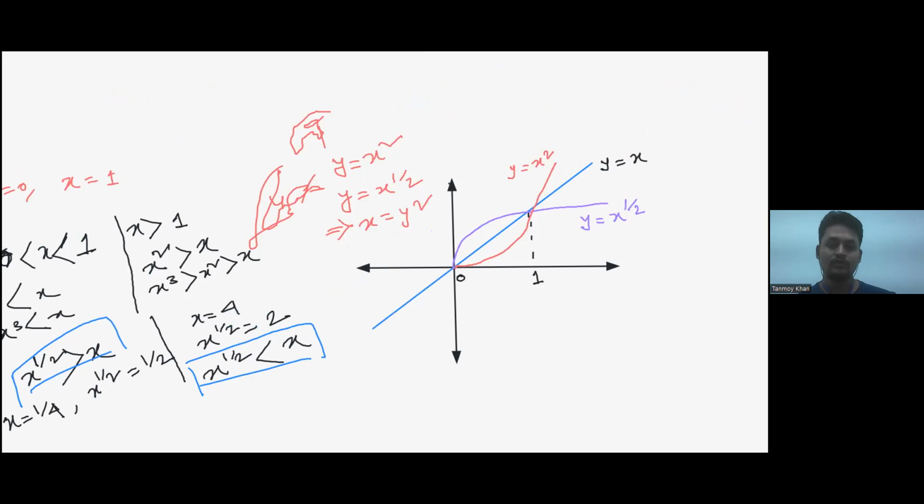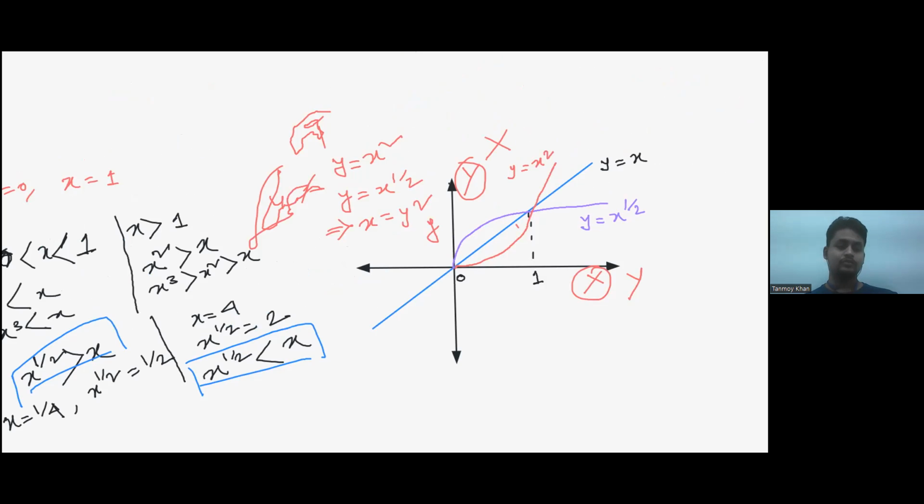If this was your y-axis and this was your x-axis, and you replace x with y and y with x, then the function will be y equals x to the power half and this will be y equals x squared.